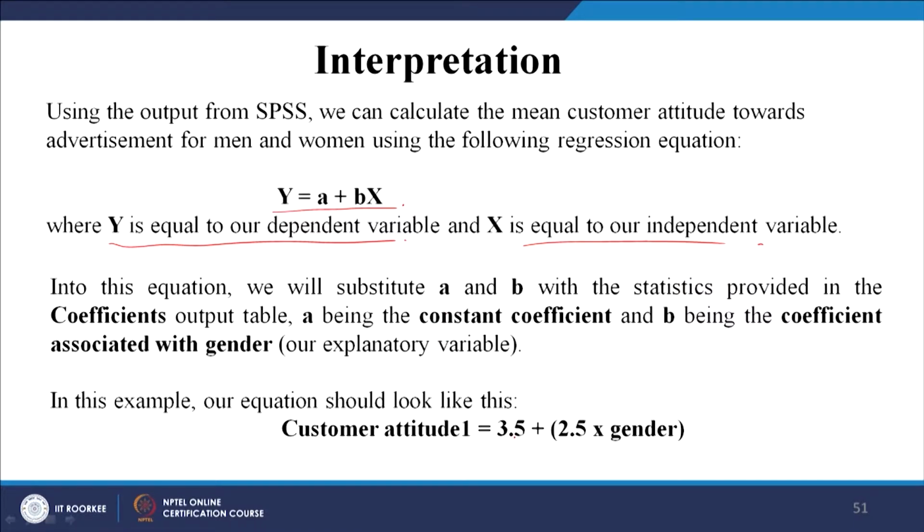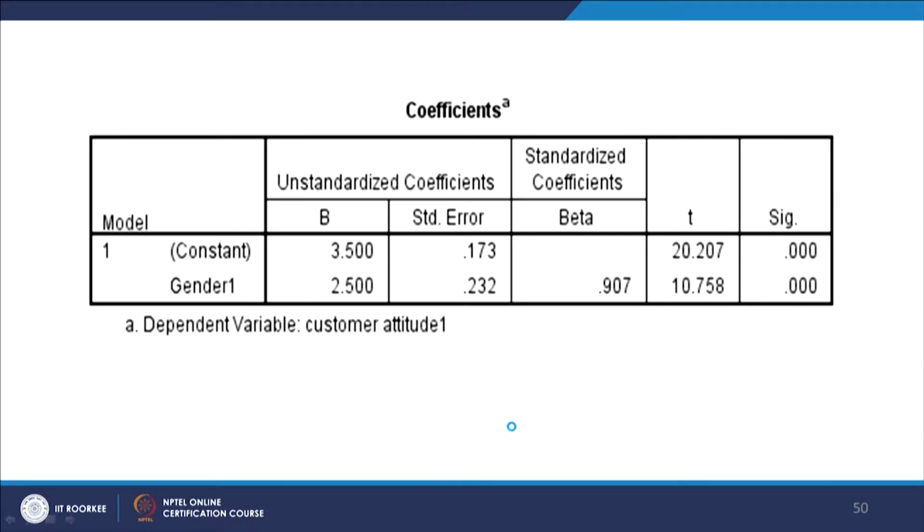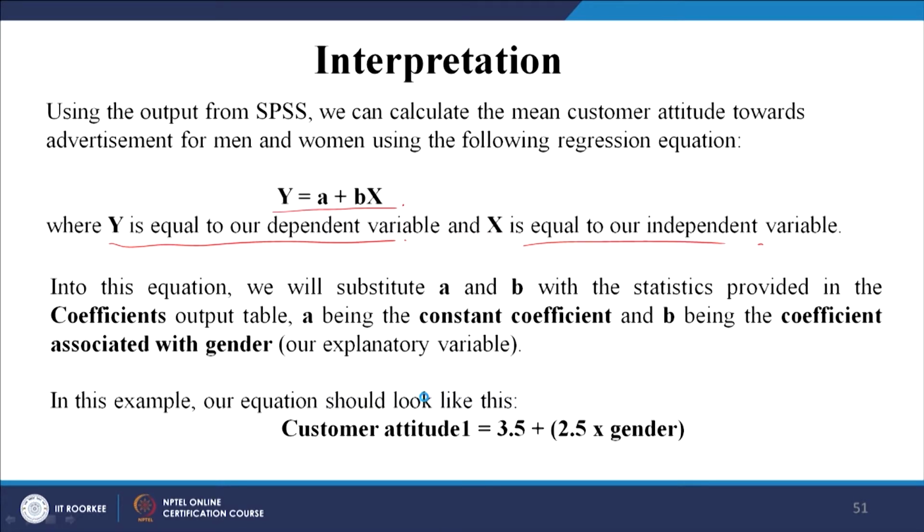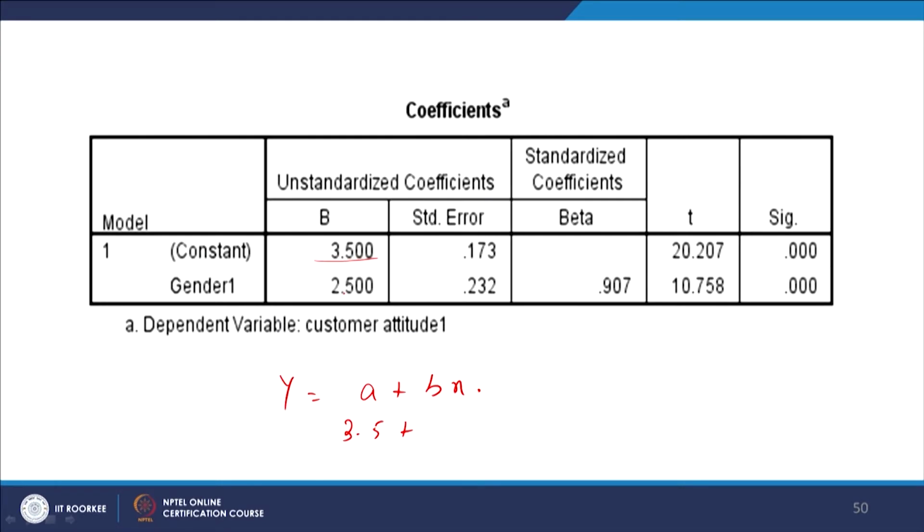So, now let us go back to the same data set. Now, this is my a, right. So, we know y is equal to a plus b of x. So, y is equal to a, which is my 3.5, plus b, and b is gender. So, if you see 2.5, that is 2.5 into gender, whether it is a male or a female.